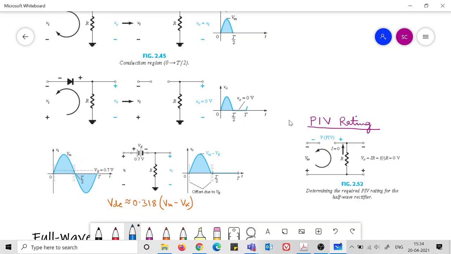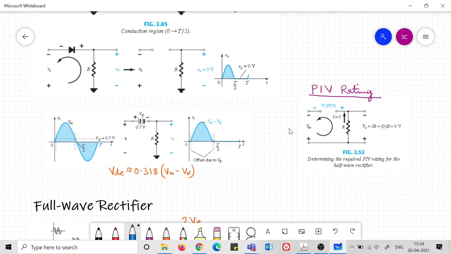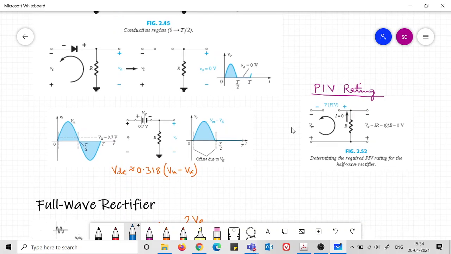That means the reverse bias across the diode should not be more than this PIV rating. With this idea, you will now be able to calculate the PIV rating of the diode placed in the half wave rectifier circuit.